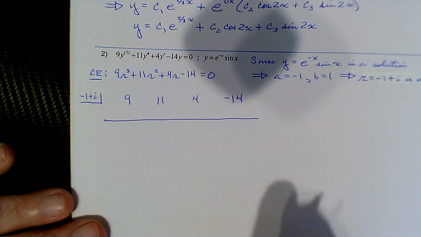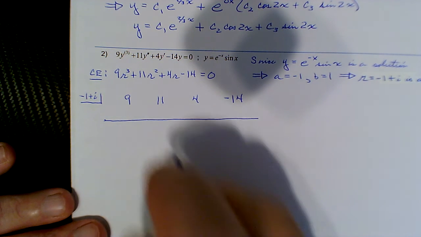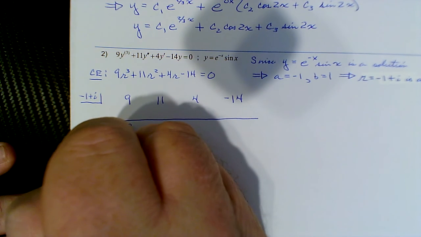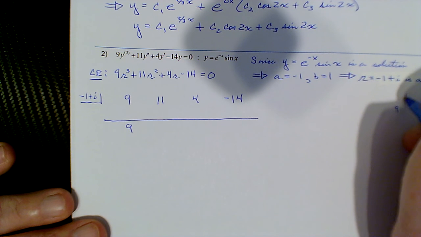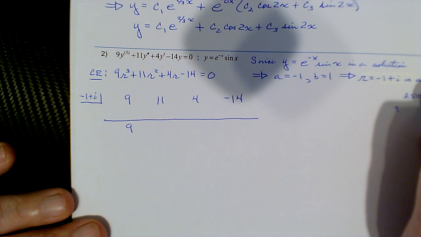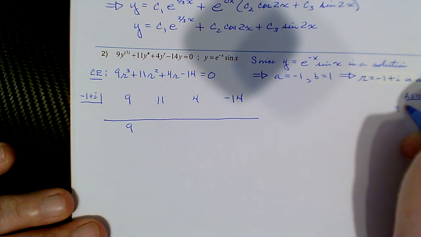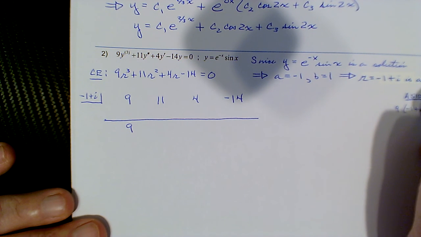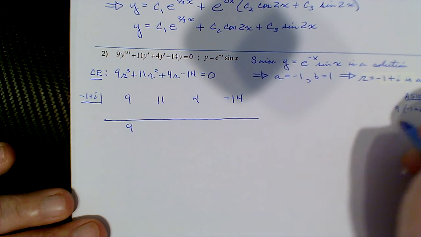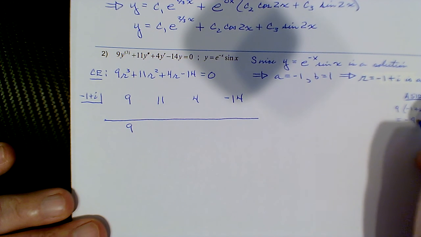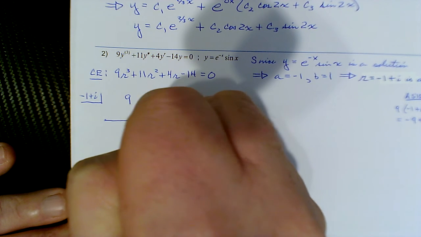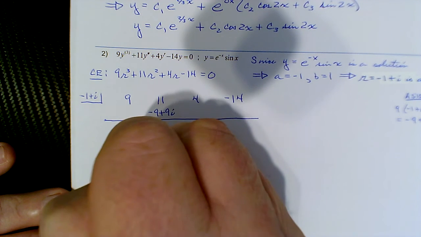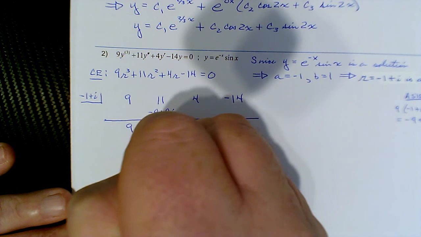Okay, so now we have to just be a little bit careful. We'll first bring down the 9, and then we're going to multiply. So there, I'm going to do this work aside. 9 times -1 plus i is just -9 plus 9i. So then 11 minus 9 is 2, so we get 2 plus 9i.